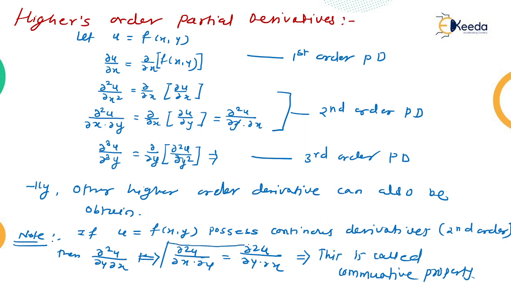You can take the differentiation of u with respect to x first and then y, or also with respect to y first and then x. So both are similar. It is nothing but ordinary derivative, guys, but we have to take the other variable as a constant. So simply that is the concept of partial differentiation. I hope you understand what higher order derivatives are.